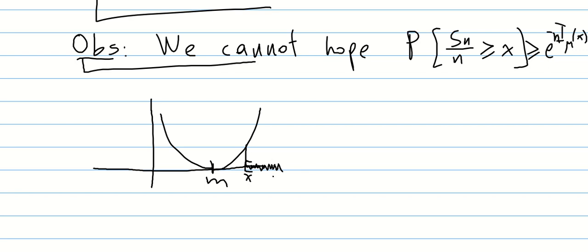Actually, if Sn over n is in this half line, where do you expect it to be? I would expect it to be very close to the limit here, because being here has e to the minus n I mu of x probability, but being at a bigger x prime has an even smaller probability, e to the minus n I mu of x prime, which is much, much smaller.